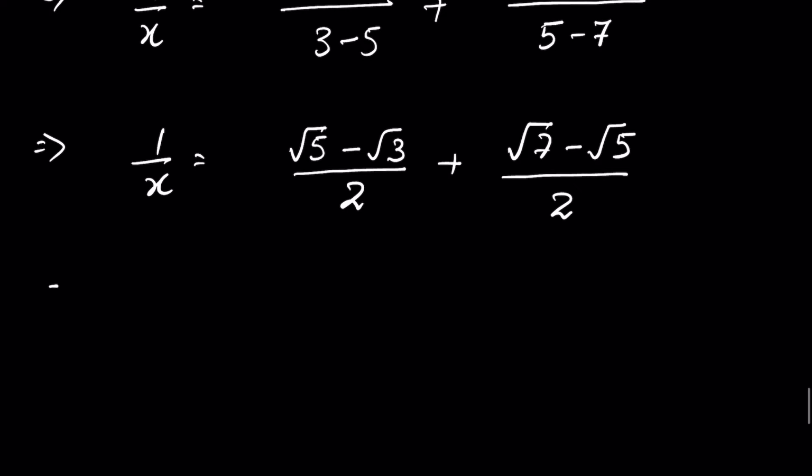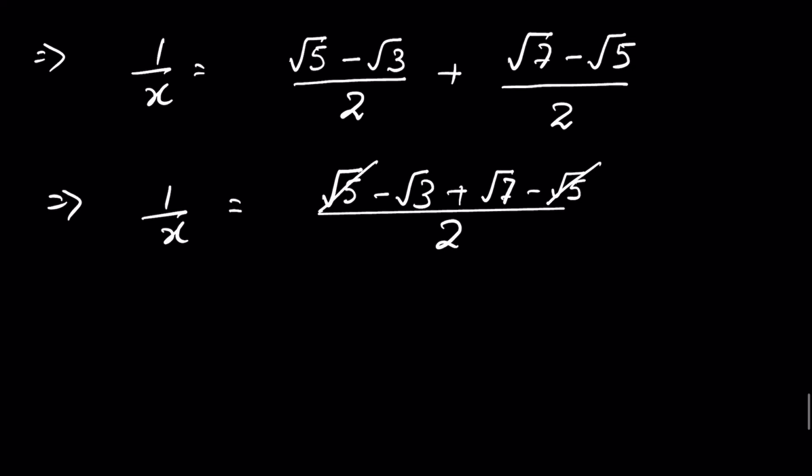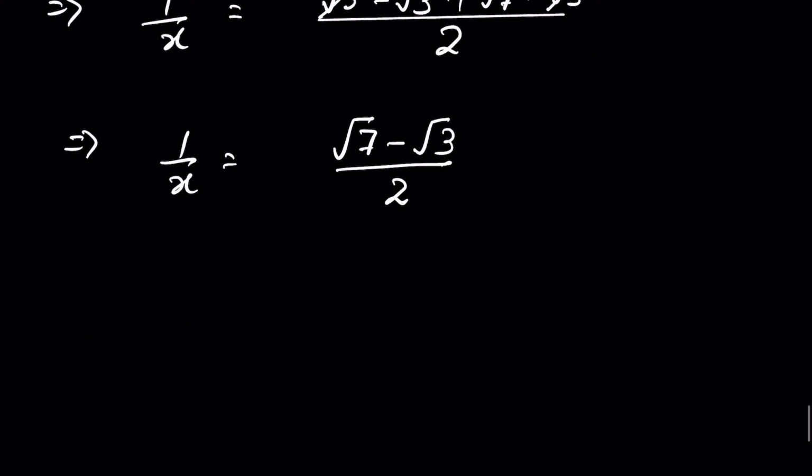Now they have common denominator, so for 1 upon x, we can add them, write 2: square root of 5 minus square root of 3 plus square root of 7 minus square root of 5. This square root of 5 and square root of 5 gets cancelled. So 1 upon x is equal to square root of 7 minus square root of 3 upon 2, or x is equal to 2 upon square root of 7 minus square root of 3.